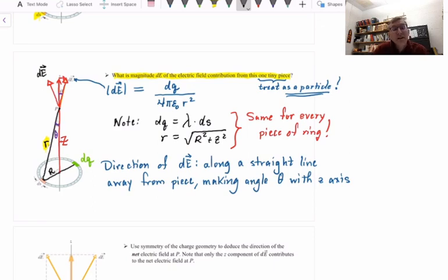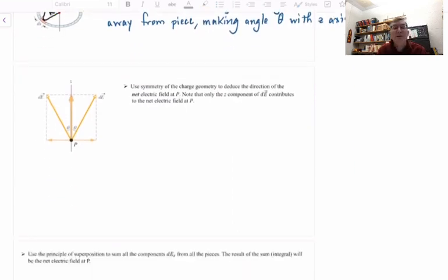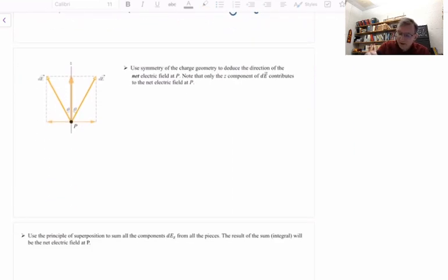And so what I want to show you in the next picture is those two dEs together. One from our original little piece of ring and the other dE from the diametrically opposite piece of the ring, because that's the symmetric partner to our first piece. We want to use symmetry to help us figure out the direction of the total electric field. That's what we're doing now.